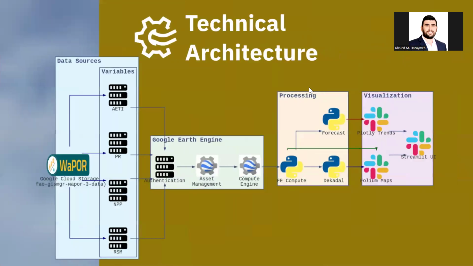Okay, so the technical architecture behind this tool, we have also 4 types of layers, but this tool is mainly WaPOR. It's just WaPOR, mainly. Also Google Earth Engine, but we rely only on data set from WaPOR. All type of parameters or variables we can get from WaPOR. Then get all this data set. I want to leverage this computational power.